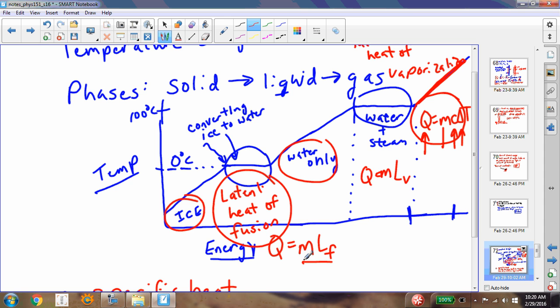And similarly, between the liquid and gas stages, I need this heat of vaporization, which is equal to the mass times the latent heat of vaporization, M times LV. That's the amount of thermal energy that's required in order to convert a liquid into a gas.